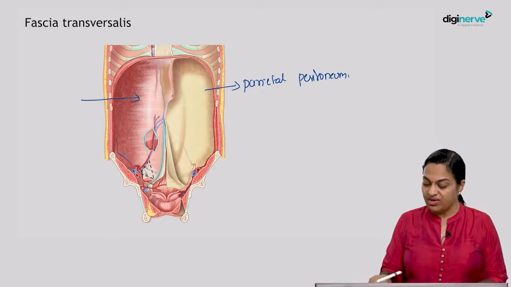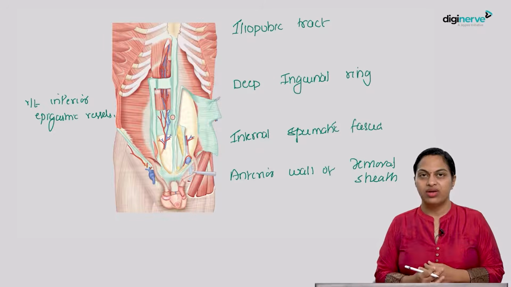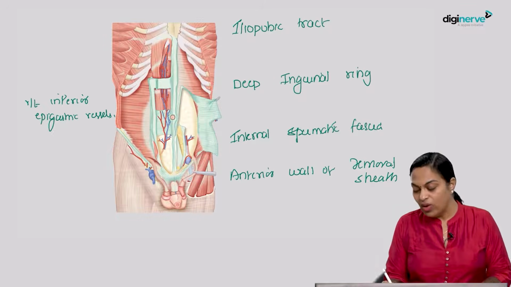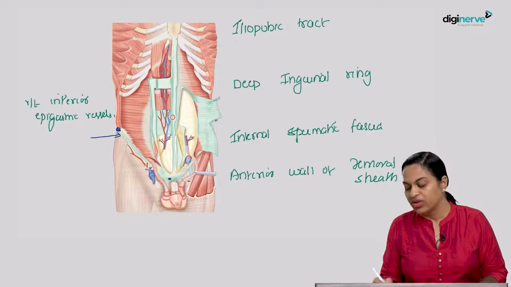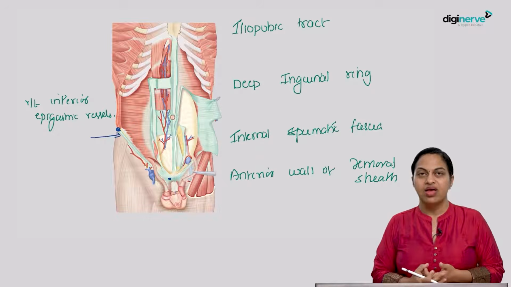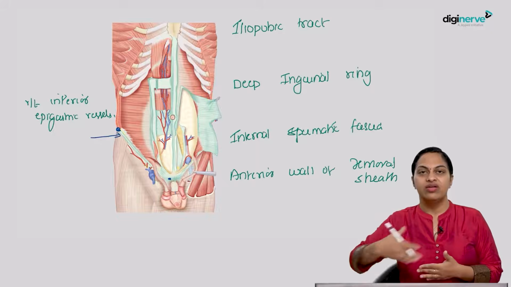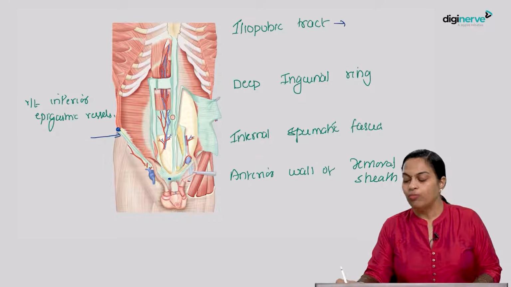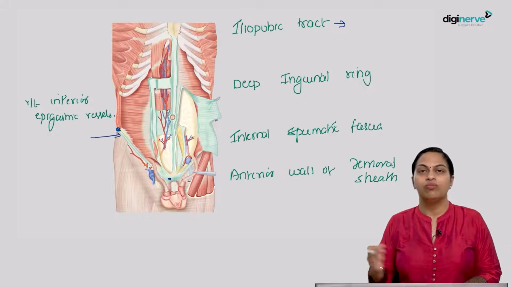So, the fascia transversalis, its contribution is also very, very important. We see the inguinal ligament here, right, from the anterosuperior iliac spine to the pubic tubercle. Just behind the inguinal ligament, the fascia transversalis thickens, okay, condenses to form the iliopubic tract, again extending from the anterosuperior iliac spine to the pubis.